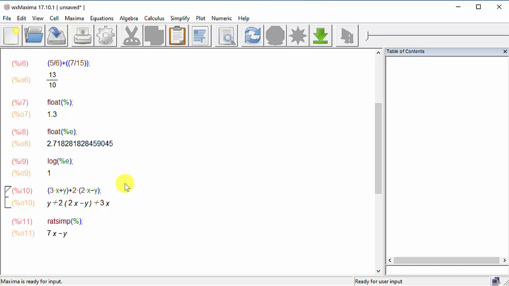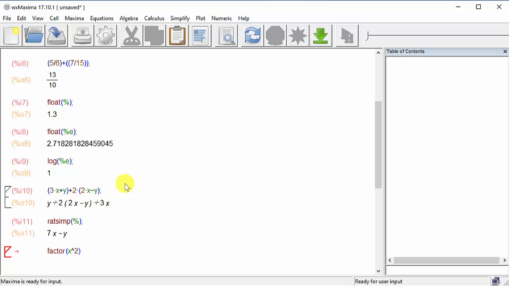All right, so what if we wanted to factor something? What if we wanted to factor a quadratic expression? Well, it's pretty simple. We would type in factor, and in parentheses, you just type in what you want to factor.